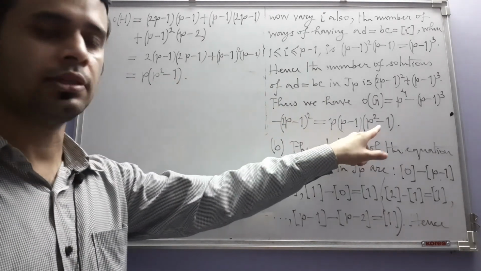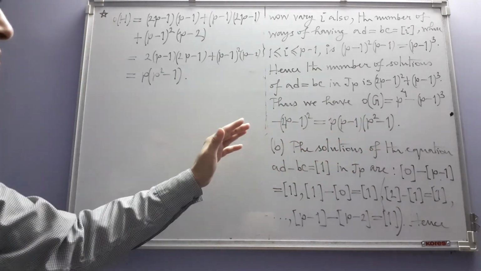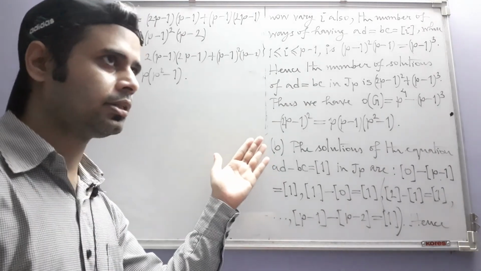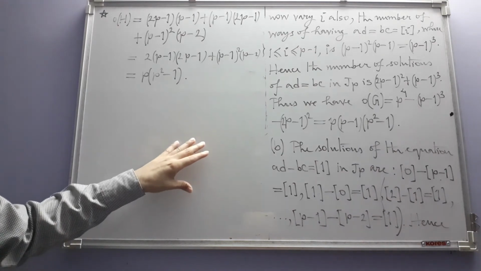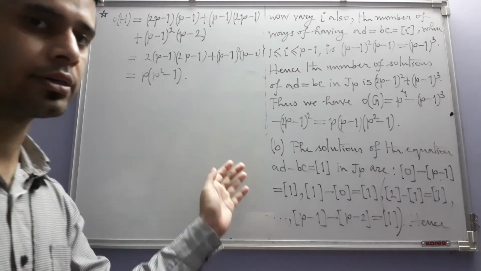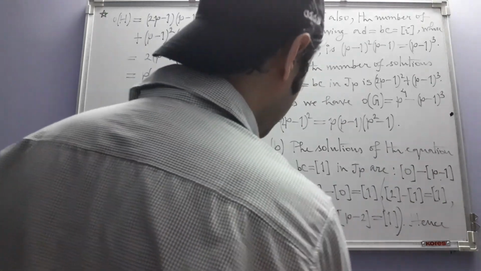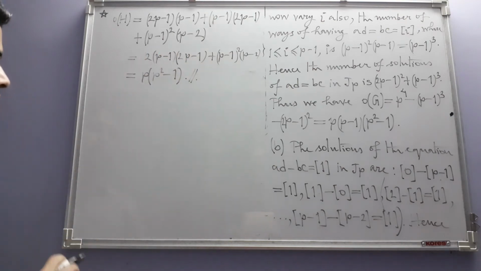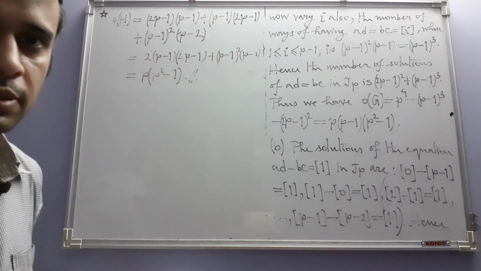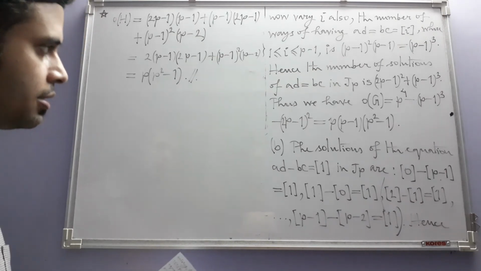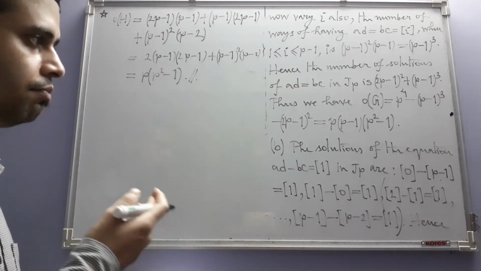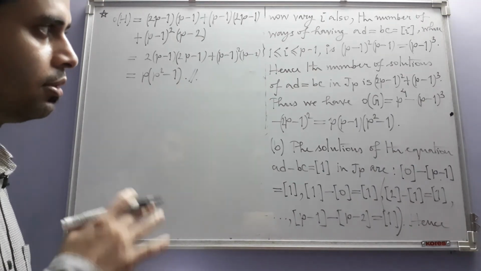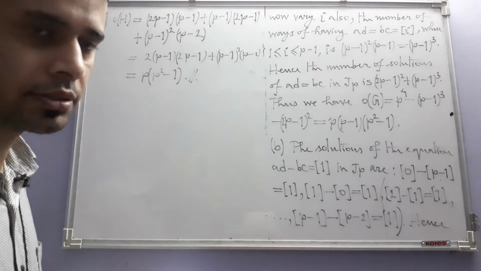This number divides this number. Now this is a general theorem which says that in any finite group the order of the group is divisible by the order of any subgroup. This is known as Lagrange's theorem. In group theory we will prove that. And this ends the exercise 26, and it ends this set of exercises. So after this, in the next section we will study subgroups, and there we will see Lagrange's theorem also, and many more things.